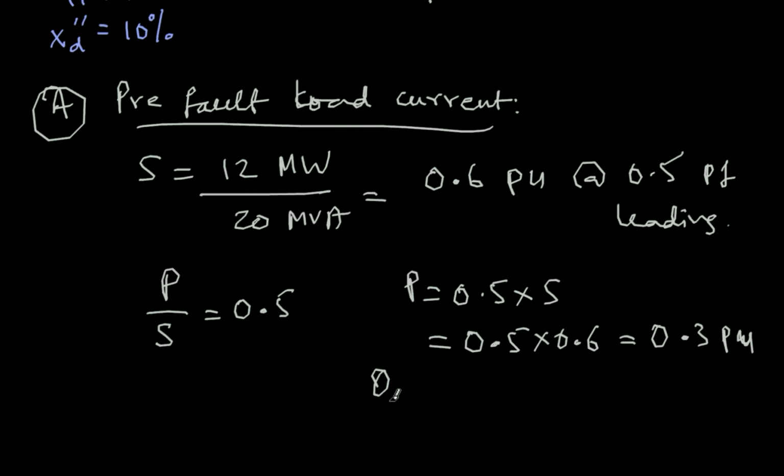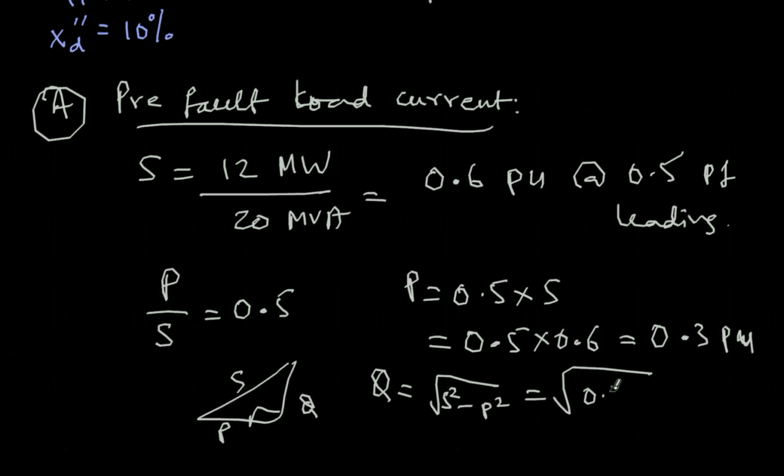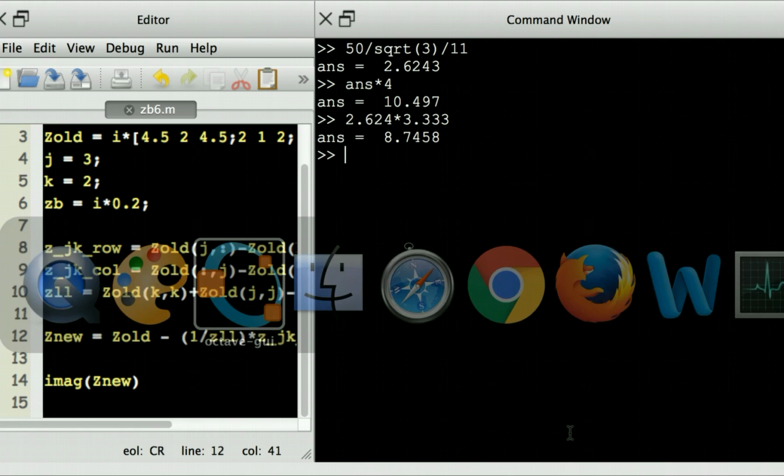And how do I get the Q? Q is nothing but the square root of S squared minus P squared, because P, Q, and S are in a right angle triangle, so S squared minus P squared will be Q, the reactive power. So that will be the square root of 0.6 squared minus 0.3 squared. How much will that be?